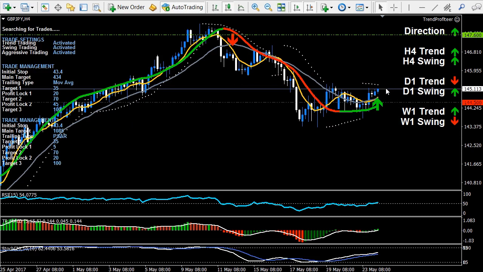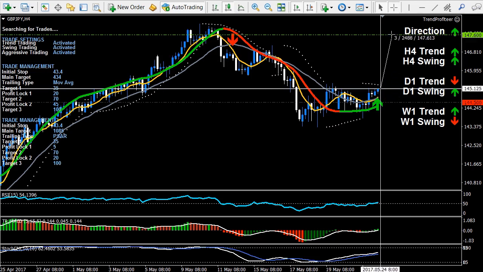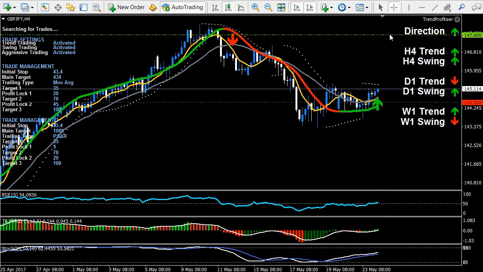Okay, so we're opening our order here. We're risking around 60 pips. That's as much as we're going to risk in this particular trade. And we've got our target here. So we have a potential of around 250 pips.